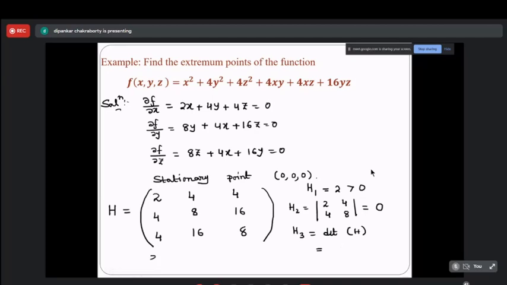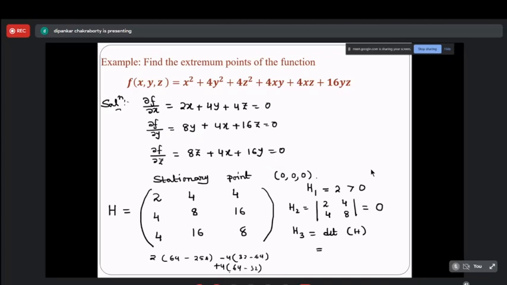First calculate the determinant. What is going to come? 2 into 128 minus 16 square. Oh, 64, sorry. 256 minus 4 into what? 32 minus 64 plus 4 into 64 minus 32.